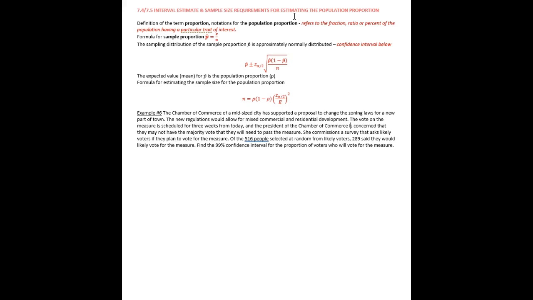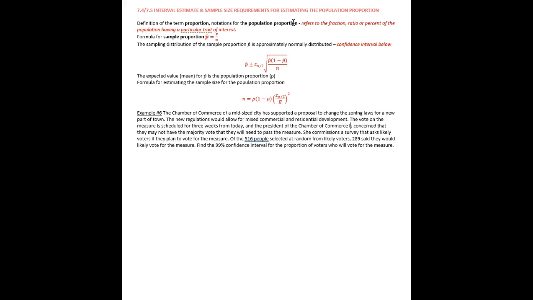But rho, the actual population proportion, is what we're going to be trying to predict. This is not a mean, not an average, anything like that. This is going to be a proportion of something, more than likely a proportion of people's opinions, or a proportion of some sort of trait that people have. I think that's generally the examples that you're going to see as well.